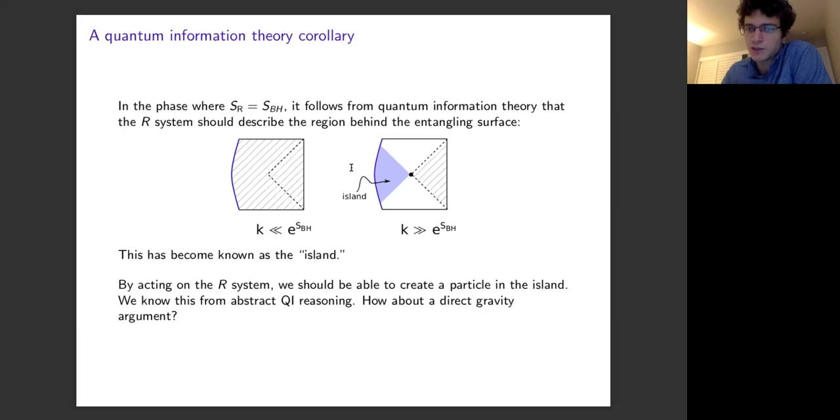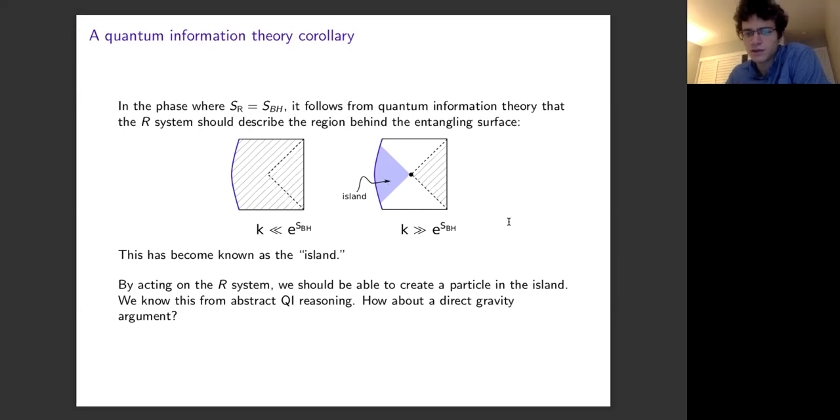Now if we're able to compute all the entropies, the entropy of the system R, of the reference system itself, and of the two together, then we can compute the mutual information between R and that reference system. What we find is that the mutual information is large, which means that R contains a purification of the reference system. And the purification of the reference system is the spin that we put behind the horizon. So that means that the system R contains that spin.